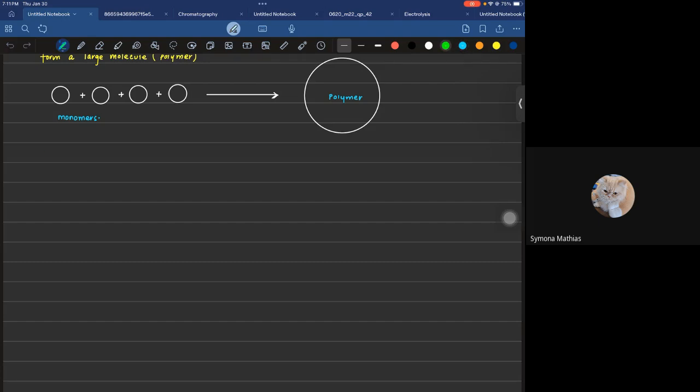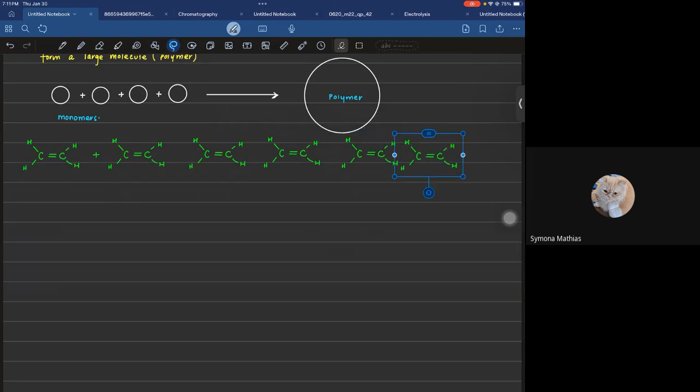Let's suppose I have C double bond C, then H, H, H, H. Again, I have an ethene molecule. Let's suppose this is another molecule of ethene, and another, and another, and another. So I'm going to join many monomers together.